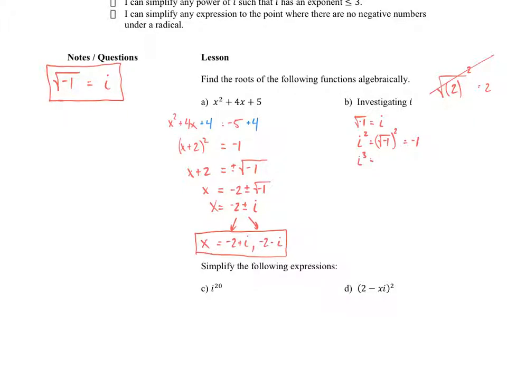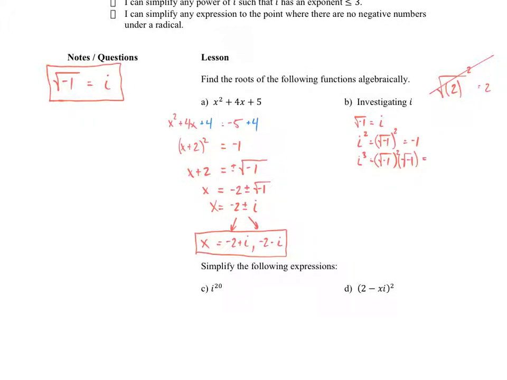All right, now let's move on to i cubed. Well, that's going to be the square root of negative 1 times the square root of negative 1 times the square root of negative 1. And the reason that I've written it this way is because we already have an identity for i squared, right? So we know that this square root of negative 1 squared is just going to become negative 1, and then we're going to be left with this other square root of negative 1.